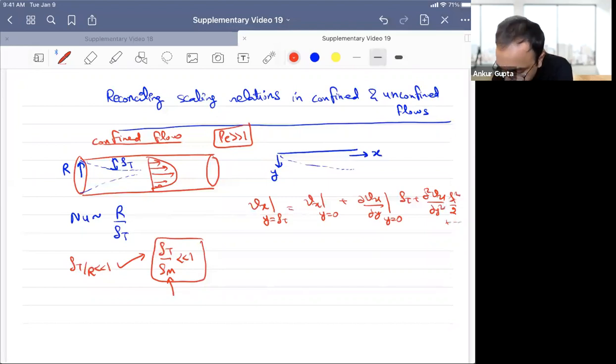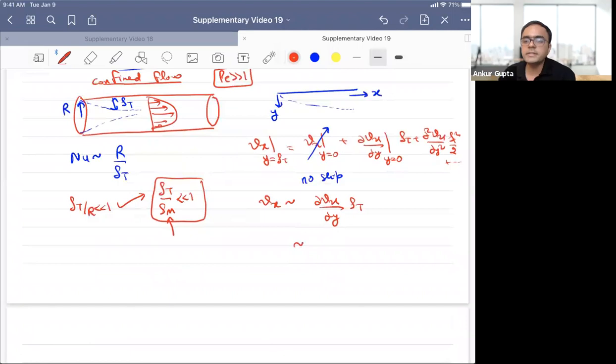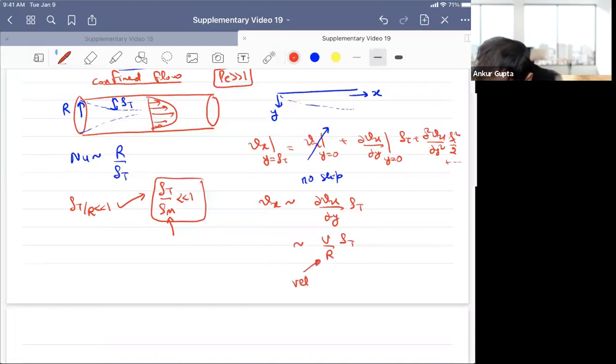In this case, we know it's a solid surface, so we know that no slip is allowed. So we can say that Vx in the thermal boundary layer will scale as del Vx by del y times delta T. And we also know that del Vx by del y, or the shear rate, for the velocity scale would be U by R, because velocity changes throughout the cylinder, throughout the pipe.